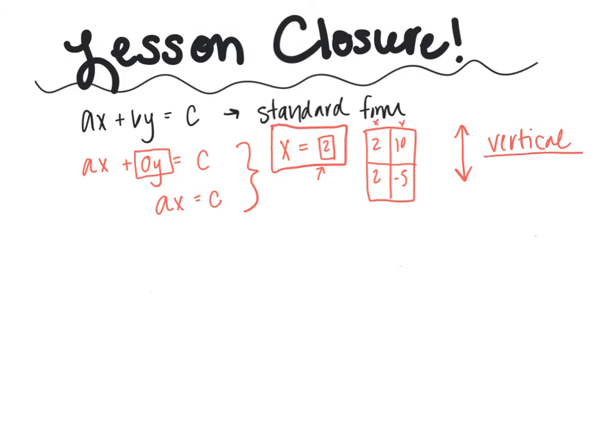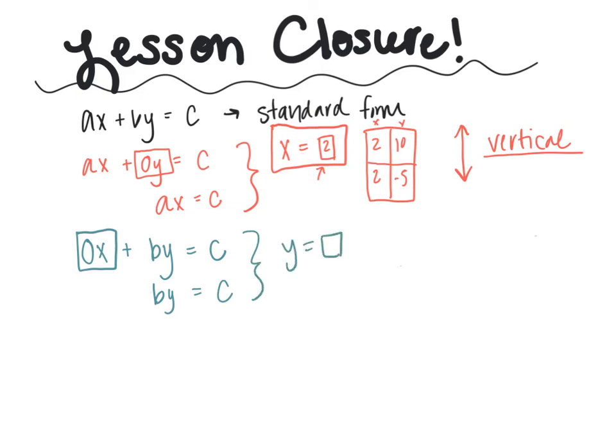Okay? We also learned what it looks like when we don't have an x value. So if we got an equation like this, where there were no x's, where the coefficient for our x was a 0, this would simplify to say, okay, so many y's equals c. Okay? And we would be able to find that y equals a number.